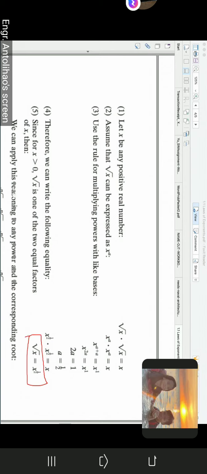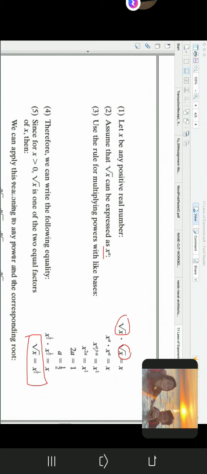So you have to let x be any positive real number. So square root of x times square root of x is equal to x. Then assume that the square root of x can be expressed as x raised to a. So that would be x to the power of a times x to the power of a is equal to x. You just have to substitute square root of x by x to the power of a.